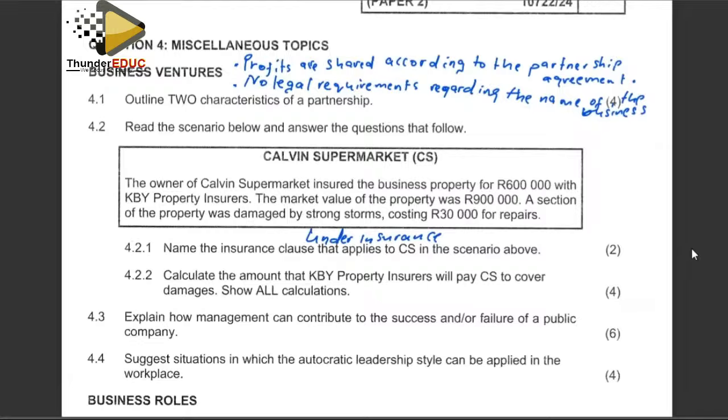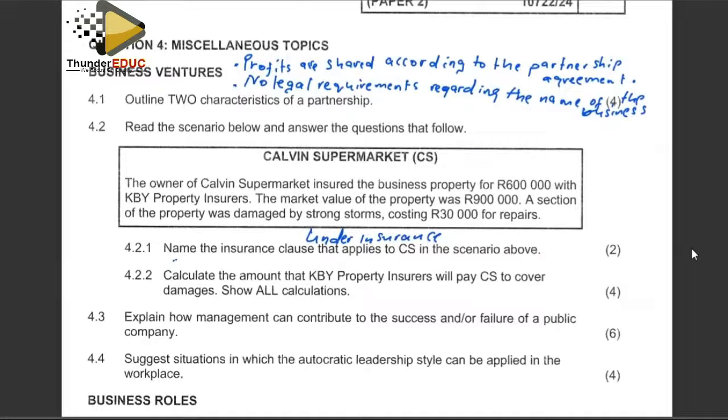If you still remember, in order to calculate the clause, we have to check the amount insured divided by the value of insured item, and then multiply by the amount of damage or loss.